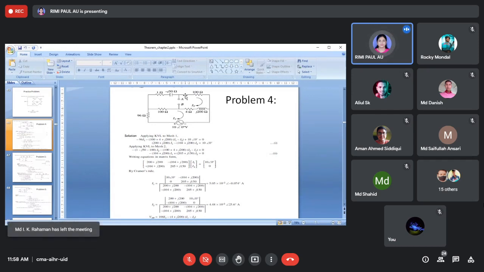Another equation: (4 plus j200)(I2 minus I1) plus 100 I2 plus (1 minus j50) I2 plus 100 I2 is equal to 0. Now, two equations you have to solve to find the values of currents I1 and I2.